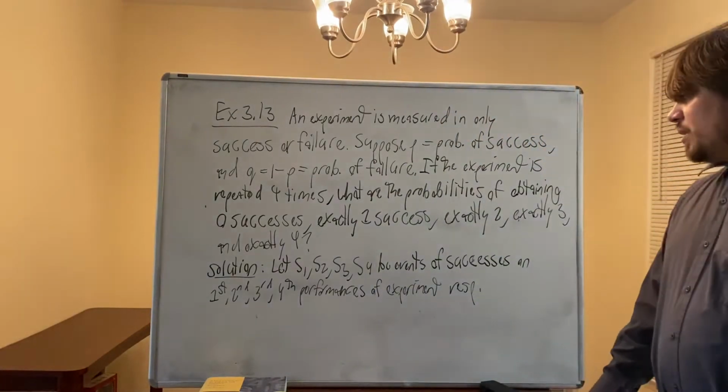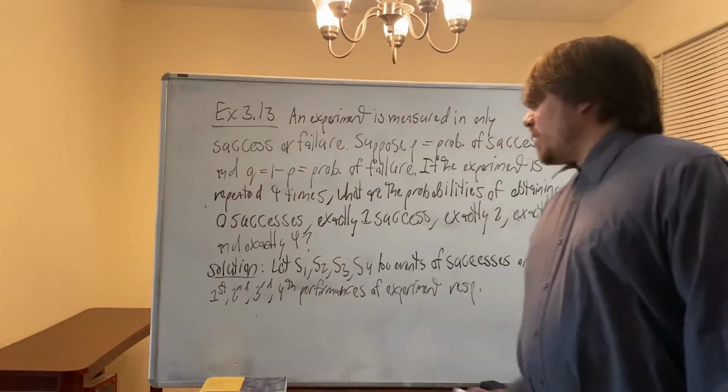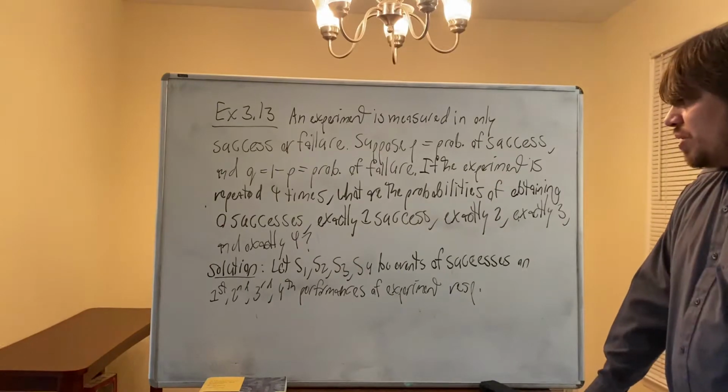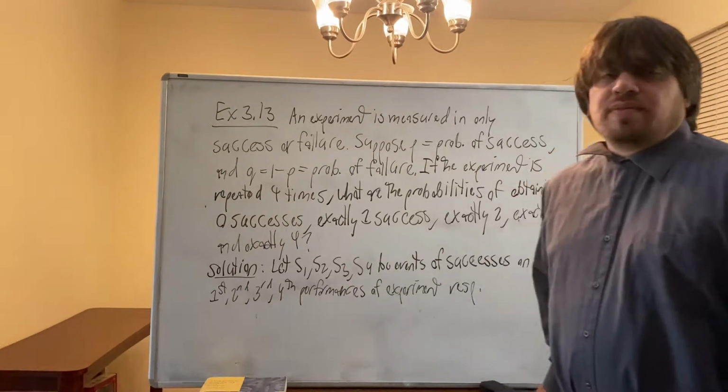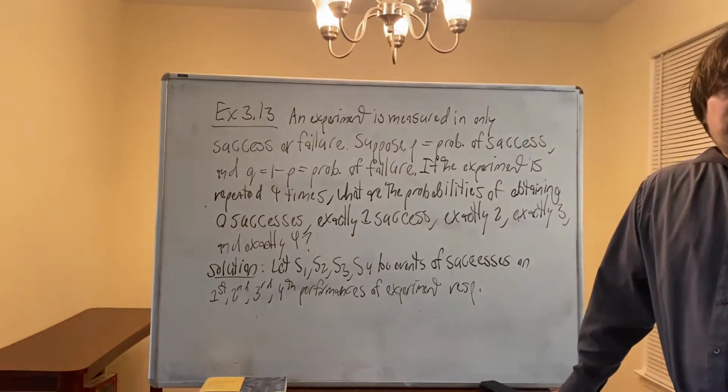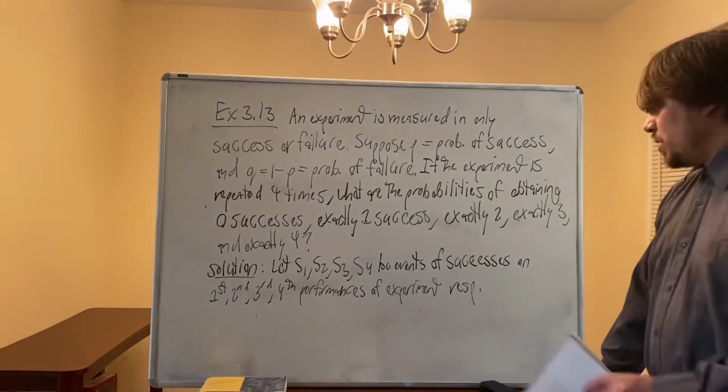So that means that S1 is the event of success on the first performance of the experiment, S2 is the event of success in the second performance of the experiment, S3 and S4, and so on.